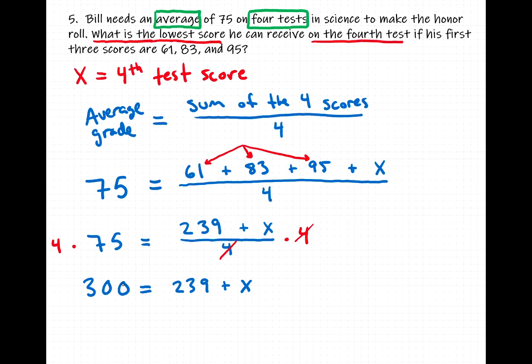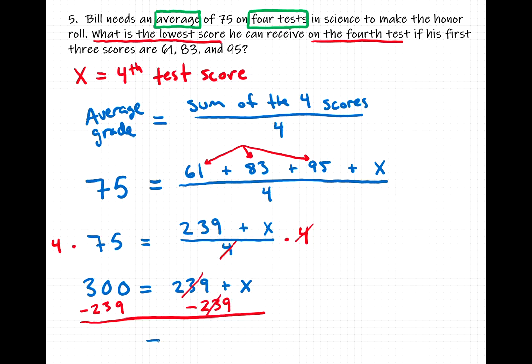All right, one thing to do: get rid of the 239 on the right. This is a positive 239. Let's bring in the opposite of that. Subtract 239, and whatever we do to one side, we do to the other. So the positive 239 and the negative 239 cancel.